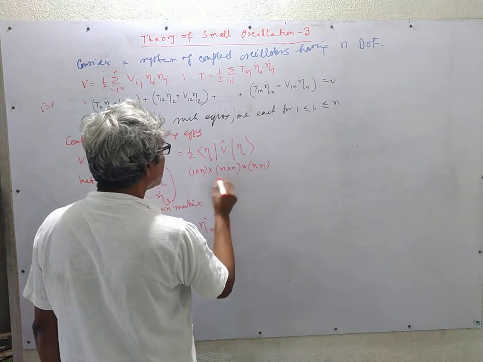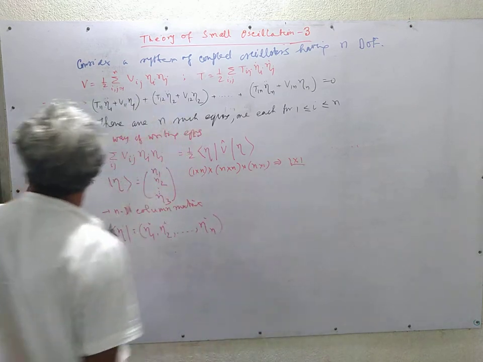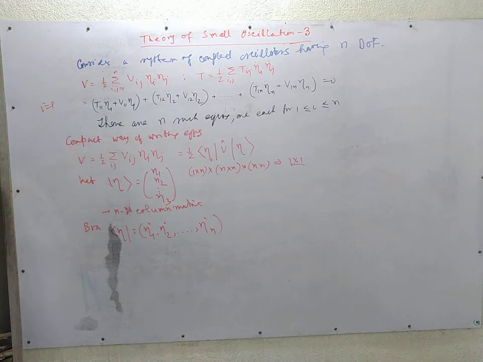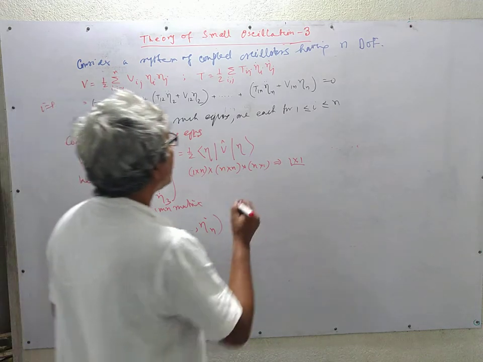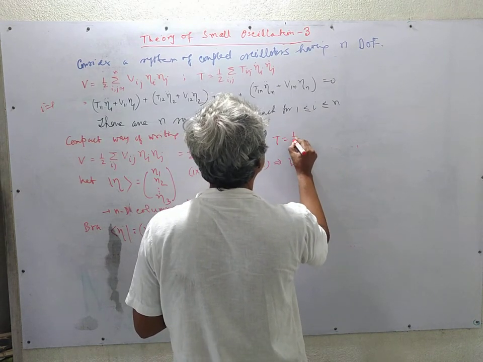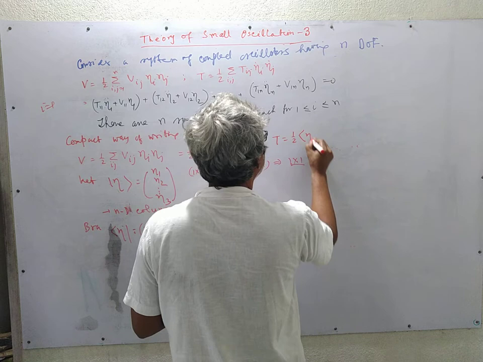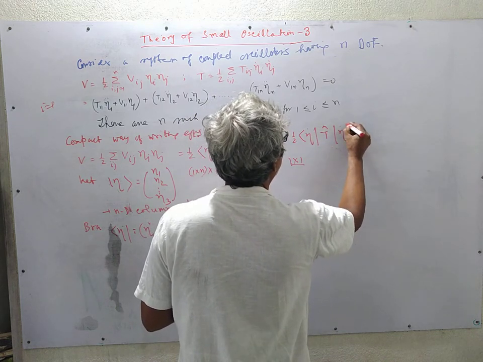The result is a scalar, so the resultant is 1 cross 1. So it is the potential energy, which is a scalar, written in this compact form. Similarly, the kinetic energy T can be written as half bra η dot T operator ket η dot.